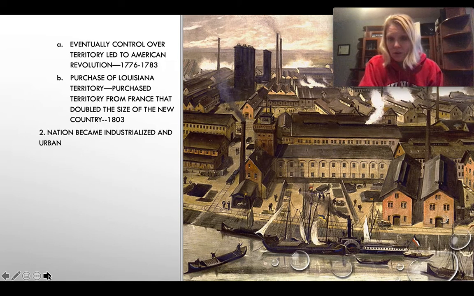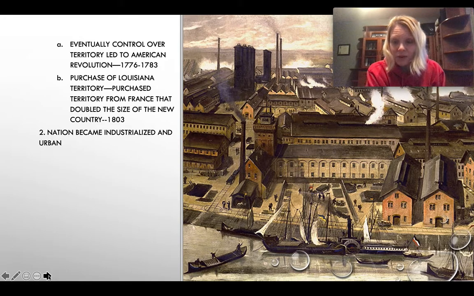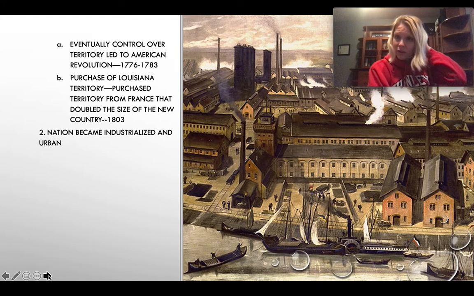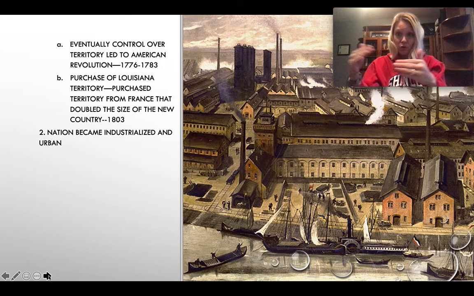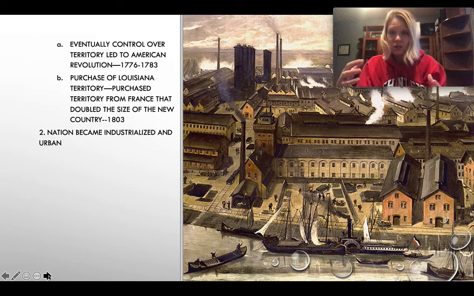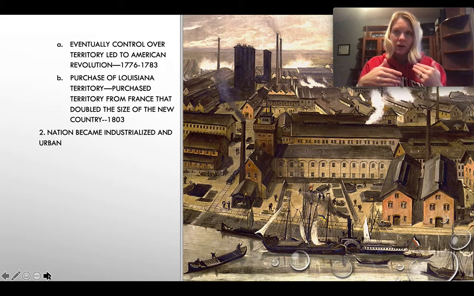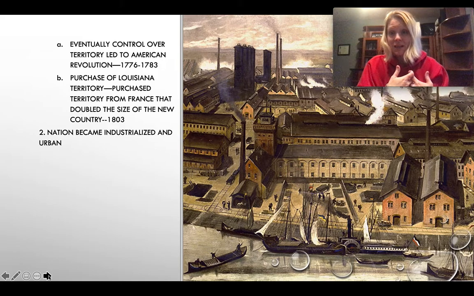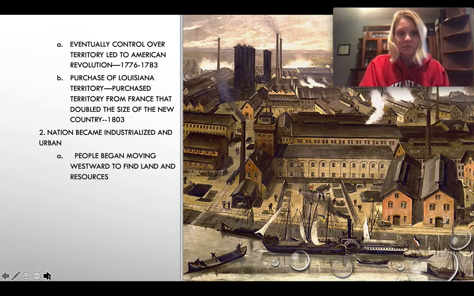So there's a great picture. Now we're seeing buildings that are more than 2 stories. We see smokestacks, we see factories, but we also see some unfortunate things like pollution and maybe overcrowding. There's always the good and the bad. You always have to look at how things progressed, and progress is usually a good thing. Can it bring about bad consequences? And in the United States, sometimes that is definitely the case.